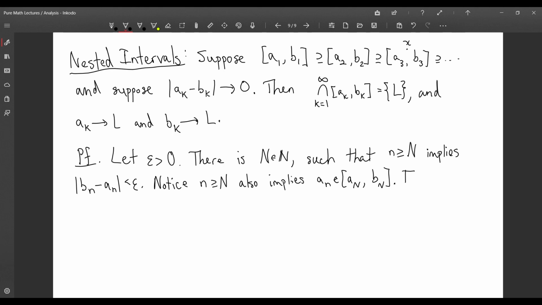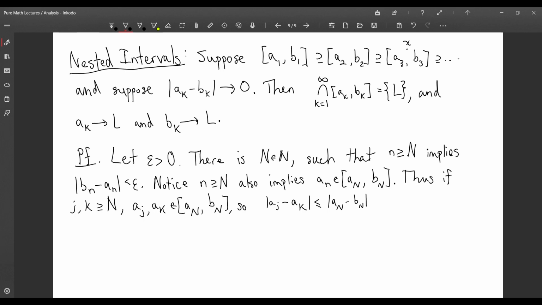Thus, if j and k are greater than or equal to big N, a sub j and a sub k are contained in this interval. So the distance between a sub j and a sub k is less than or equal to the difference between a sub big N and b sub big N, which is less than epsilon, right? Because of this inequality here.